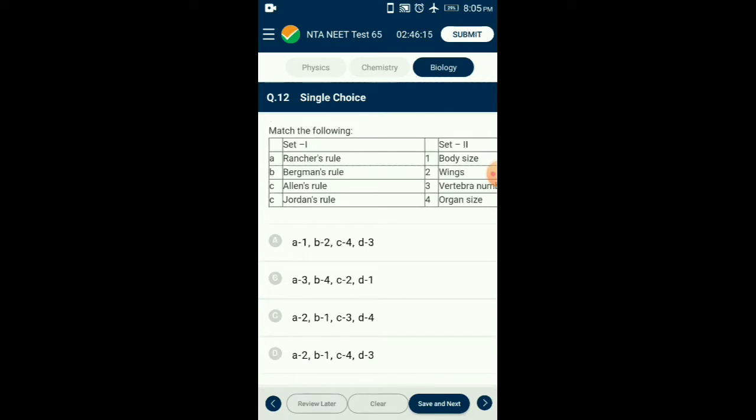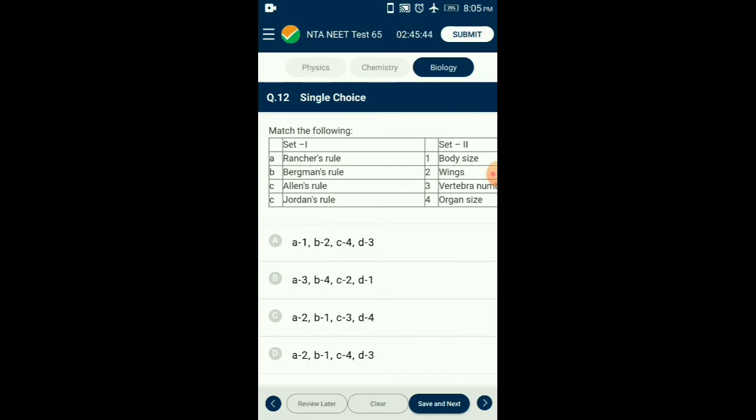Question number 12. Match the following. See the tabular column. Bergmann's rule: warm-blooded animals, including birds and mammals, have larger body size in cold climate than in hotter areas. As per Allen's rule, extremities, legs, ears, tail, mouth of warm-blooded animals become smaller in colder areas as compared to animals of warmer areas.